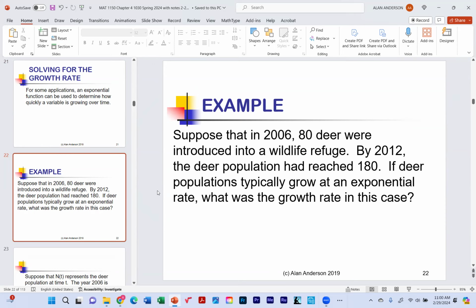Okay, so here's what we have to think about. First of all, when it comes to time, we're not going to use the actual years. That would be very awkward. What we're going to do instead is this: if 2006 is the first year of our experiment, that will be t equals 0. Remember, t is supposed to represent 0 for today, and then all the future years have a different number. Here, for example, 2012, because it's 6 years later, we'll call it 6.